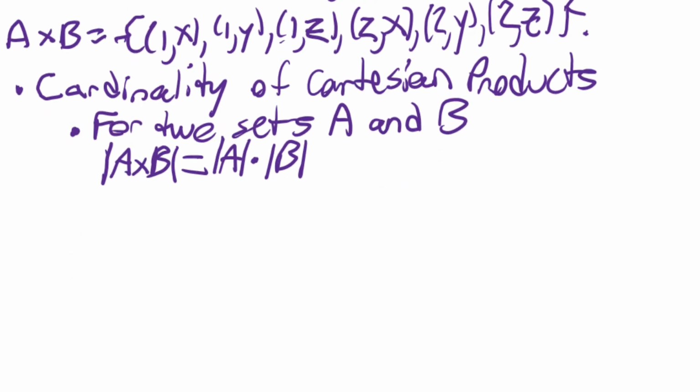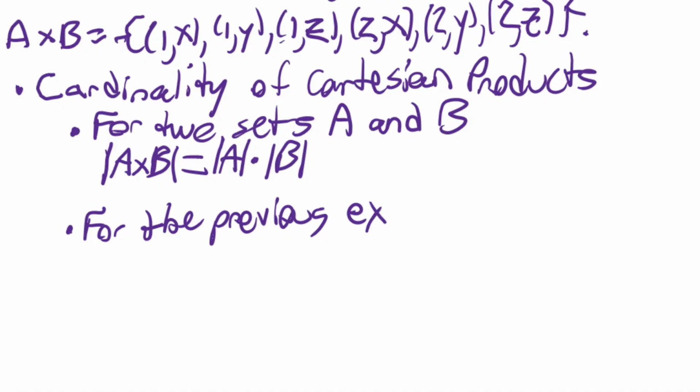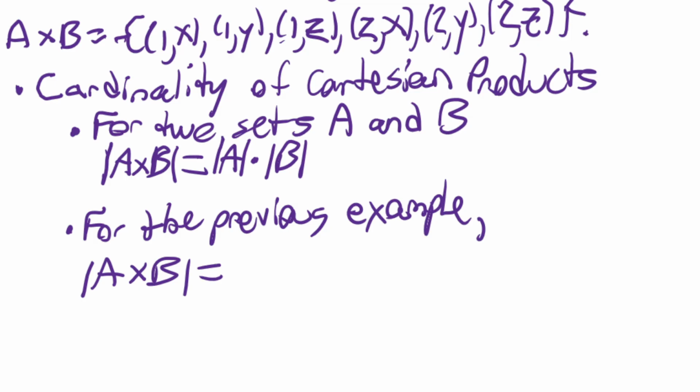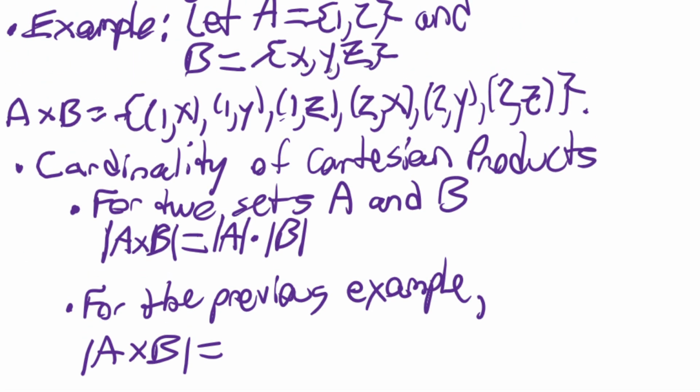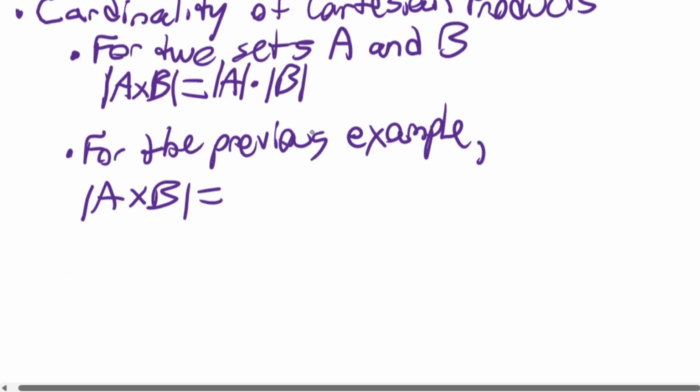So for the previous example, the Cartesian product of A cross B, we go back up. A has a cardinality of 2 and B has a cardinality of 3.